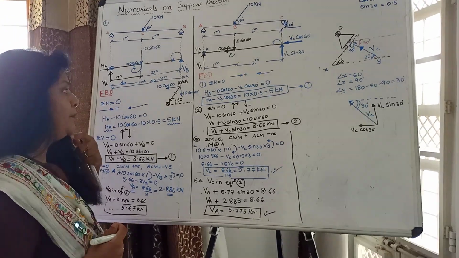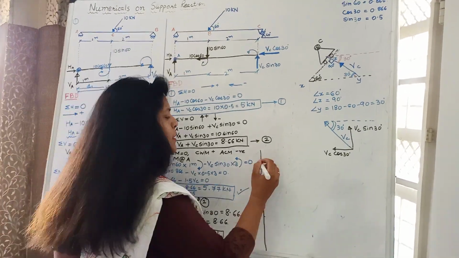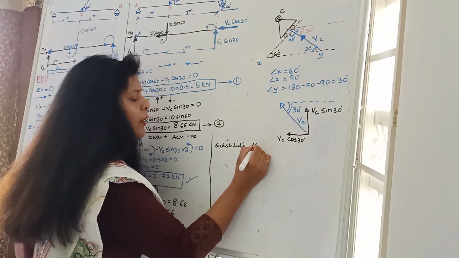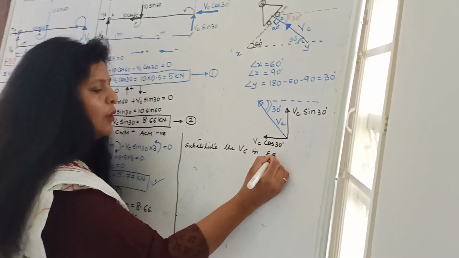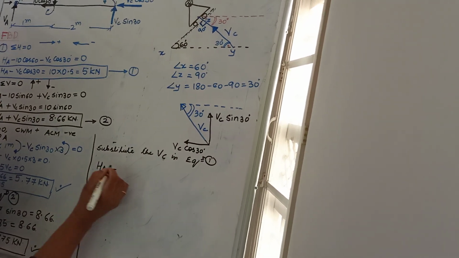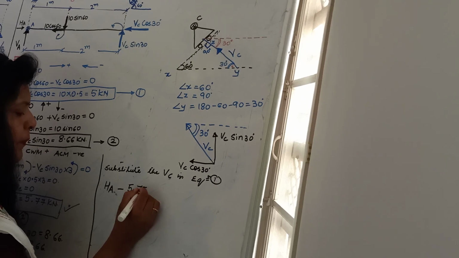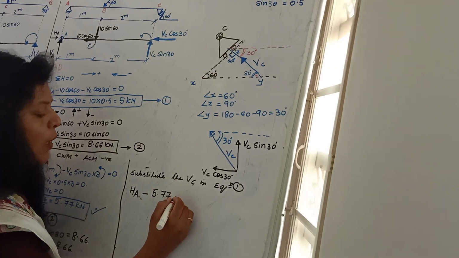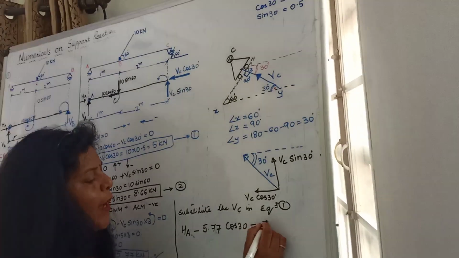So we get the second answer of the reaction, VA is equal to 5.775 kilonewtons. Now we substitute the value of VC in equation number 1. So HA minus 5.77 cos 30 is equal to 5.